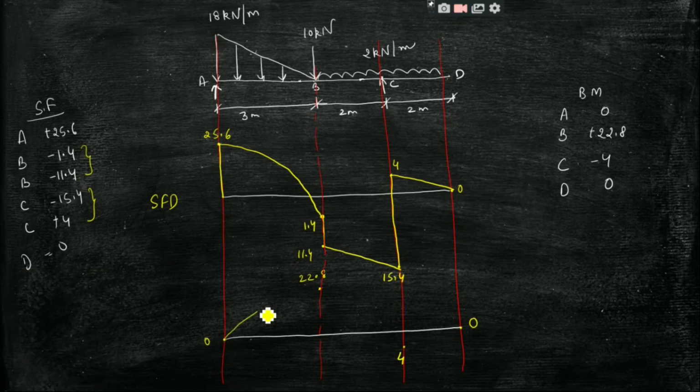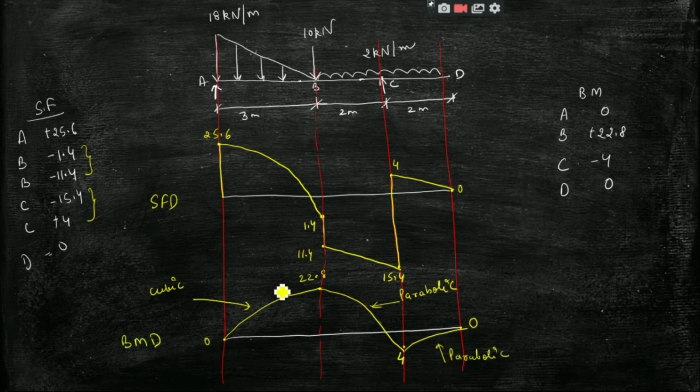So something like this. So this is cubic in nature. Then it goes to minus 4, and we have a UDL, so it will curve like this. Okay, so this is parabolic, and then we have a UDL again, so again it will be parabolic. So this is the bending moment diagram which we have obtained.